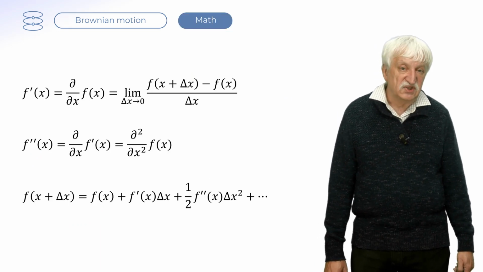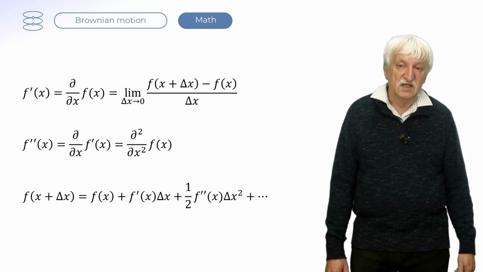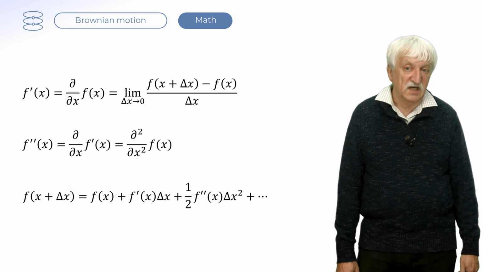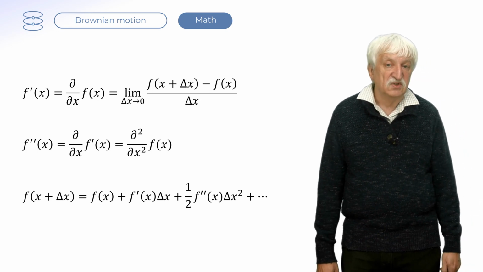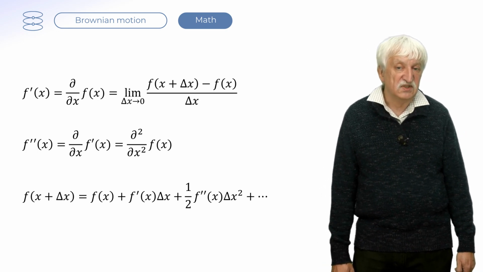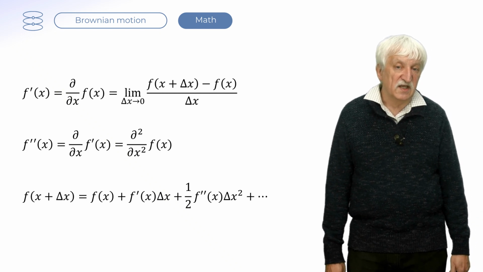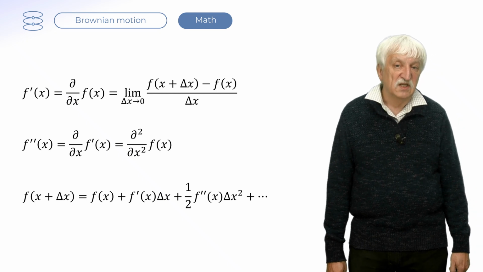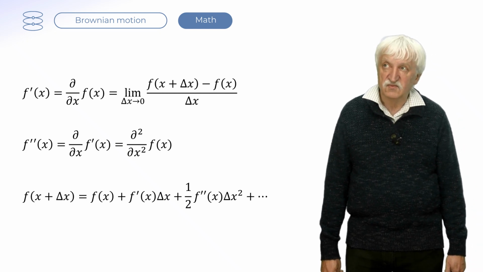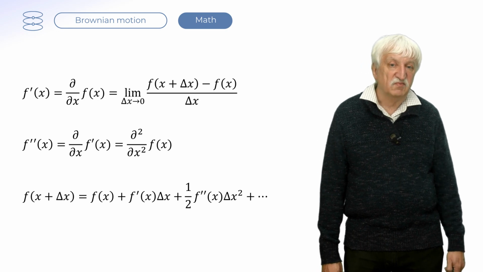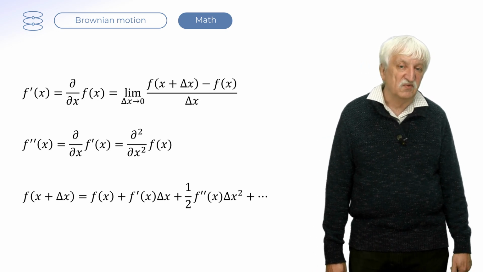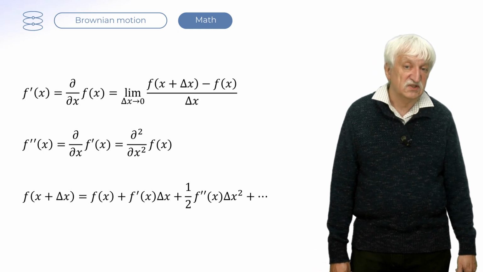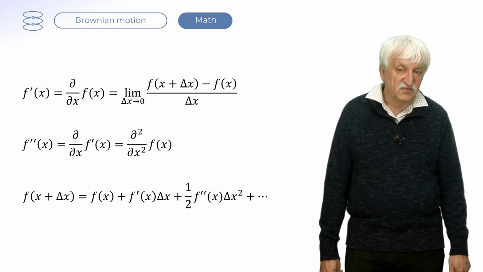At this point, let's recall some mathematical concepts. Probably you know this, but I'll repeat it for you. This is a derivative. The first derivative is defined as the increment of the function when its argument changes by delta x, divided by this delta x, and then taking the limit as delta x tends to 0. This is the first derivative.